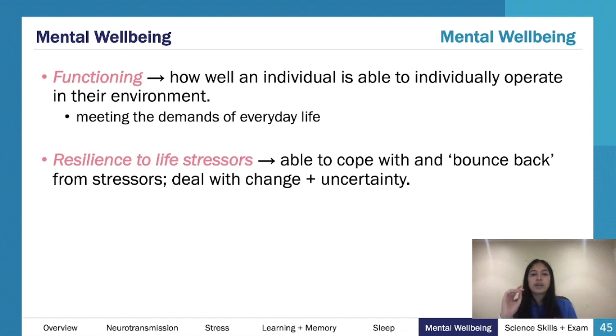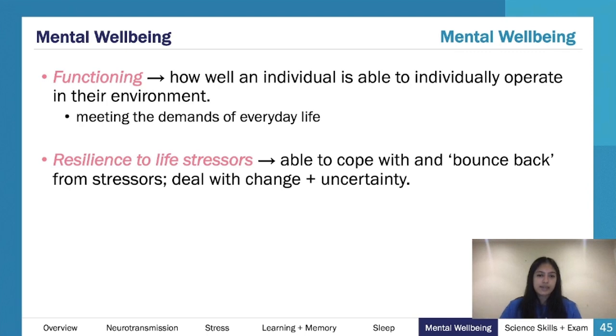So you're able to be productive, you're able to form relationships, you can engage in communication with people, you're able to complete daily tasks, you can keep up with the to-do list, basically, you can provide for yourself, like you can clean, you can cook, that sort of thing. As in you can just function as an individual and as part of a wider community.